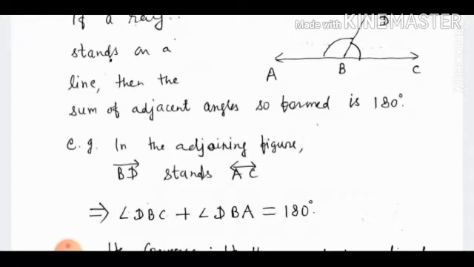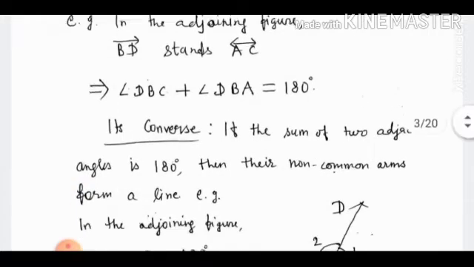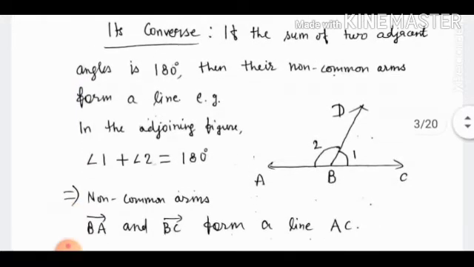So its converse will be: if the sum of two adjacent angles is 180 degree, then their non-common arms form a line. For example, in the adjoining figure, angle 1 plus angle 2 is equal to 180 degree. This implies that non-common arms BA and BC form a line AC.